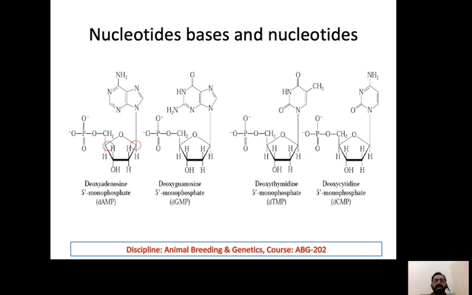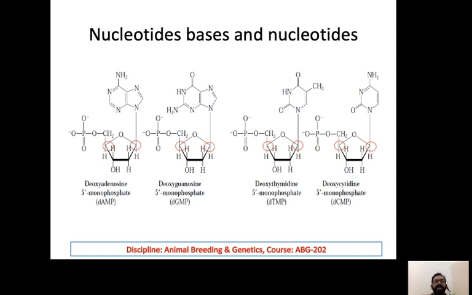Among all these 4 structures, position number 1 is attached with the nucleotide base, and position number 5 is attached with the phosphate group, and that's true for all of the structures.